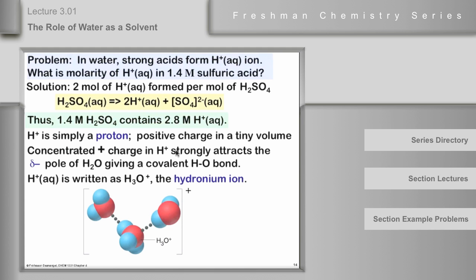So the concentrated positive charge allows the H+ to strongly attract the negative pole. And you can write this down in various different ways. The simplest way is to let 1 H+ and 1 water be represented here. That'll give H3O+, the hydronium ion.